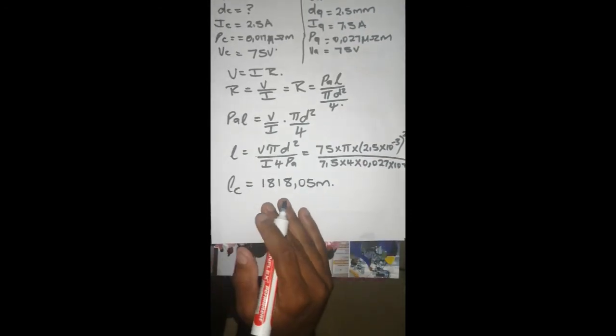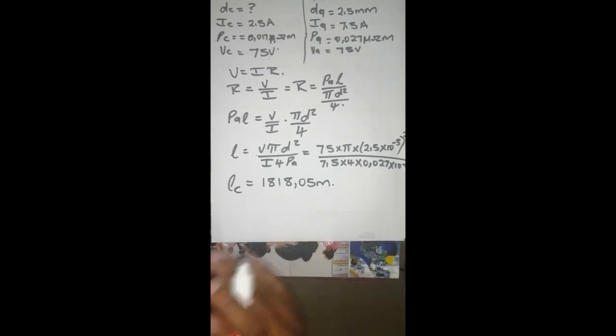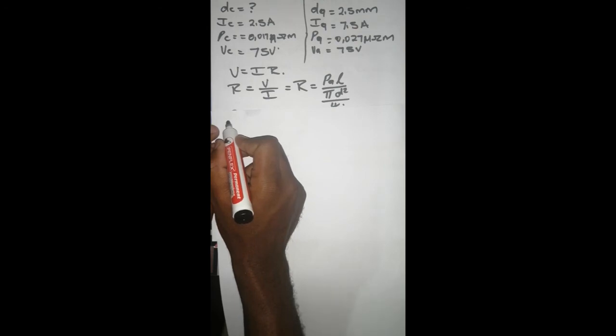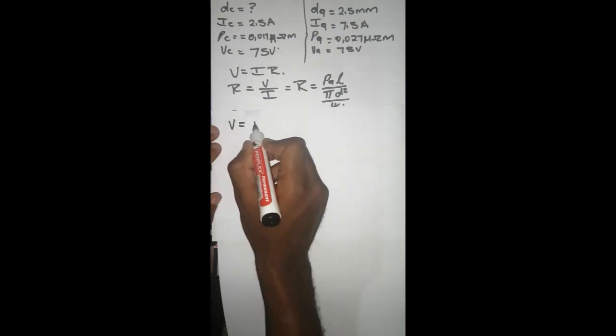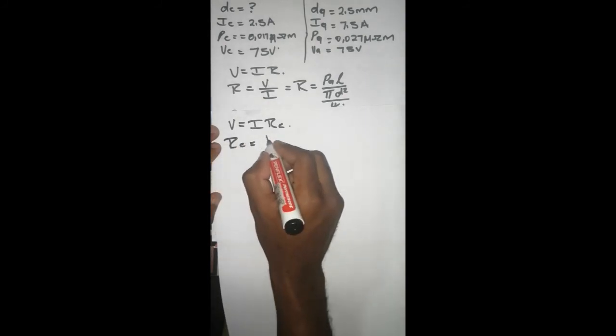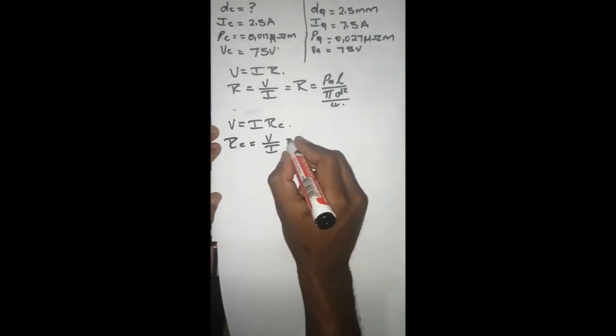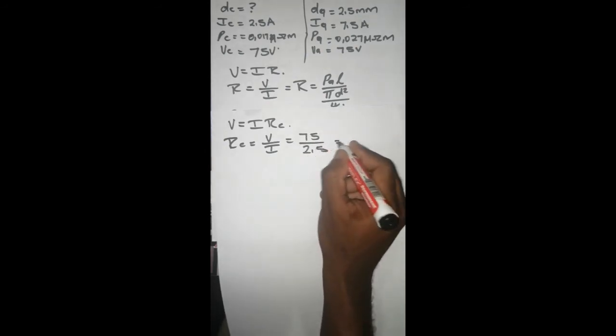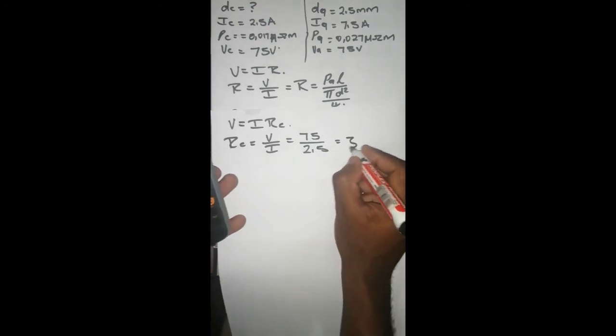And then the second question said determine the resistance and the diameter of copper. To determine the resistance of copper, we're going to use V equals I RC. RC equals V over I, which is 75 over 2.5, and 75 over 2.5 equals 30 ohm.